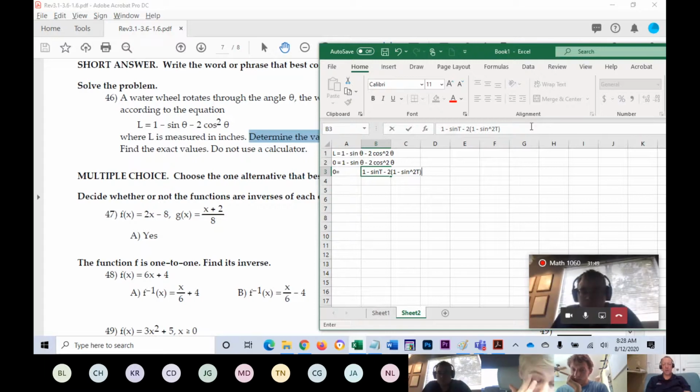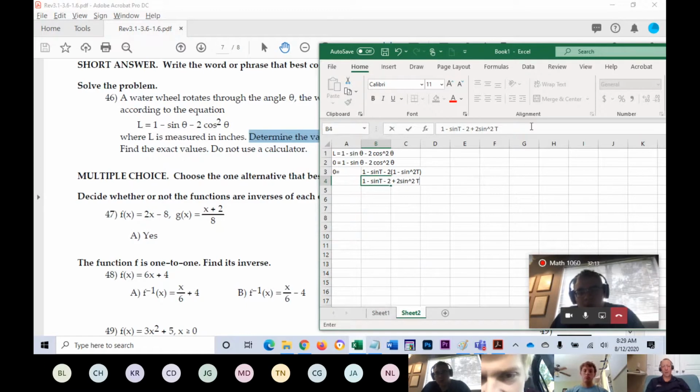Okay, so I can distribute that 2, right? So I've still got the 1 minus the sine of theta, minus, oh, plus 2 technically, plus 2 sine squared of theta.